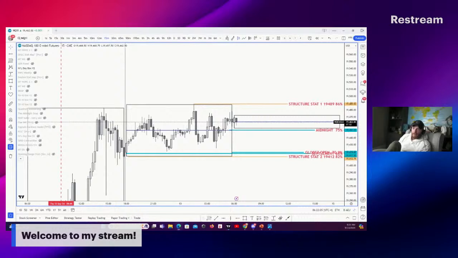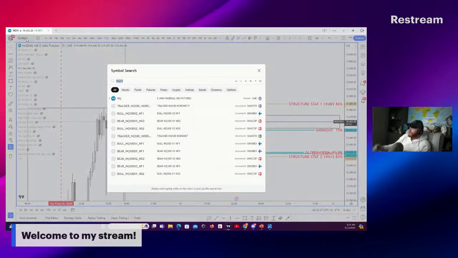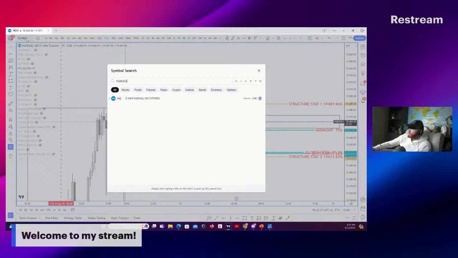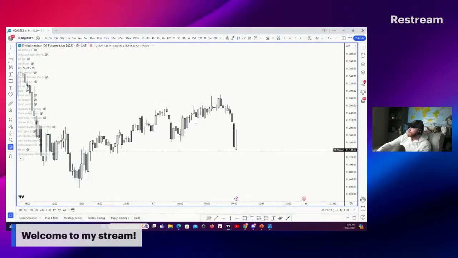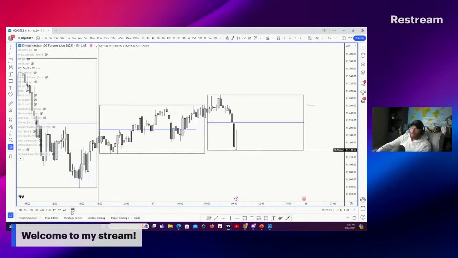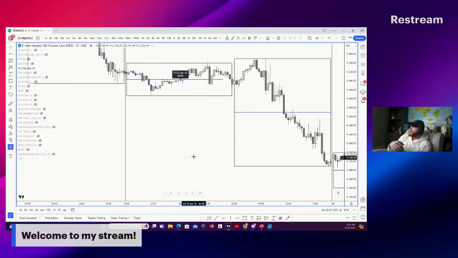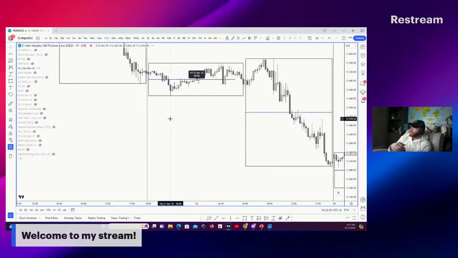All right, so now we're going to go to NQM 2022, and we're going to go to the date of April the 22nd. I usually do this because this is called prep drills.